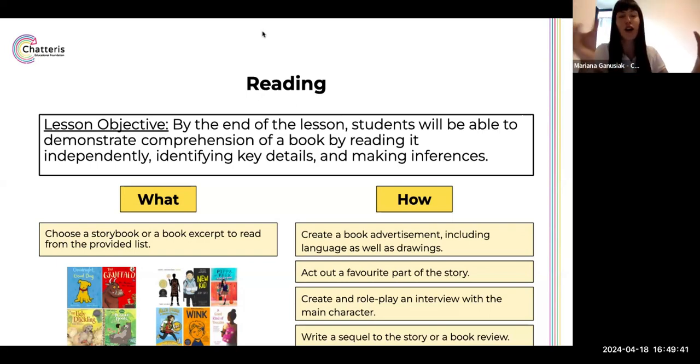You have different individual students or different groups of students presenting something completely different: posters, role plays, or even reciting or sharing their summaries or sequels to a story.